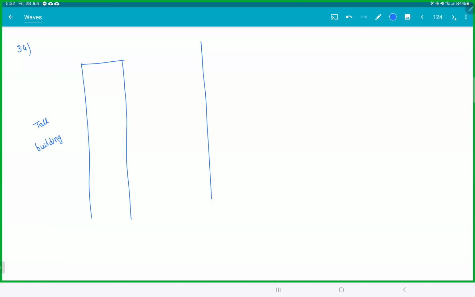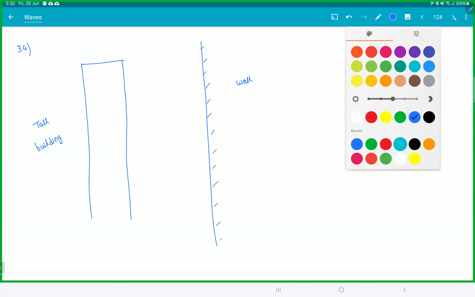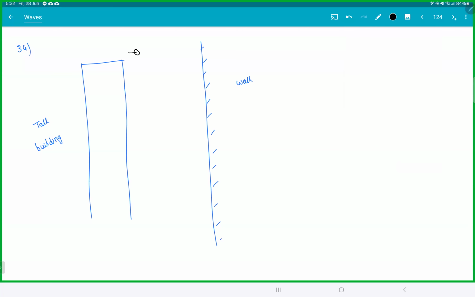There is a wall. So we have a person here who jumps from the building. Gravity is there.